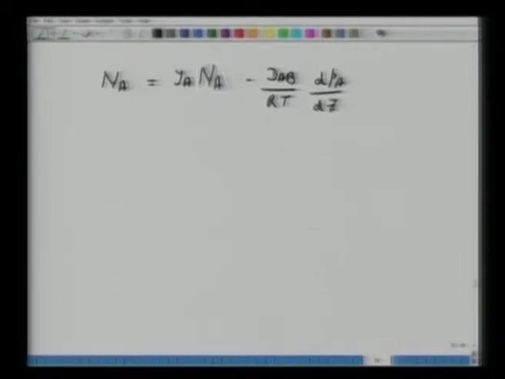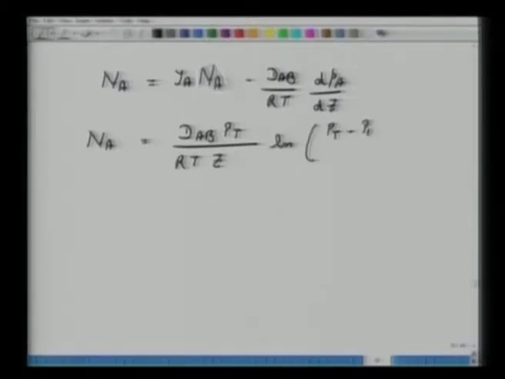One can integrate these equations, but we have already integrated our previous expressions to obtain NA as DAB total pressure over RT Z ln (PT minus PA2) over (PT minus PA1). This Z is the diffusion length.